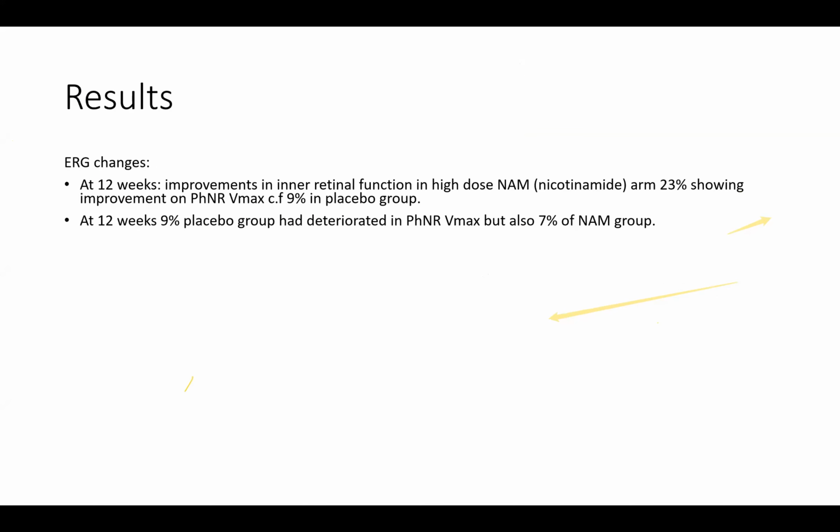If we look at the ERG changes, at 12 weeks, there were improvements in the inner retinal function in the high-dose nicotinamide arm, with 23% showing improvement on their photopic negative responses compared to 9% in the placebo group. However, at the same time, at 12 weeks, 9% in the placebo group had deteriorated, but so had 7% of the nicotinamide group.